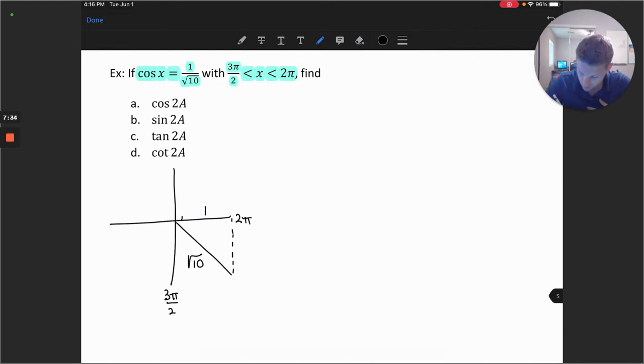This angle here, wrapped around, is x. So this says cosine of a. We should probably change these two to x's here. So we'll have that updated in the notes. These should be x's.